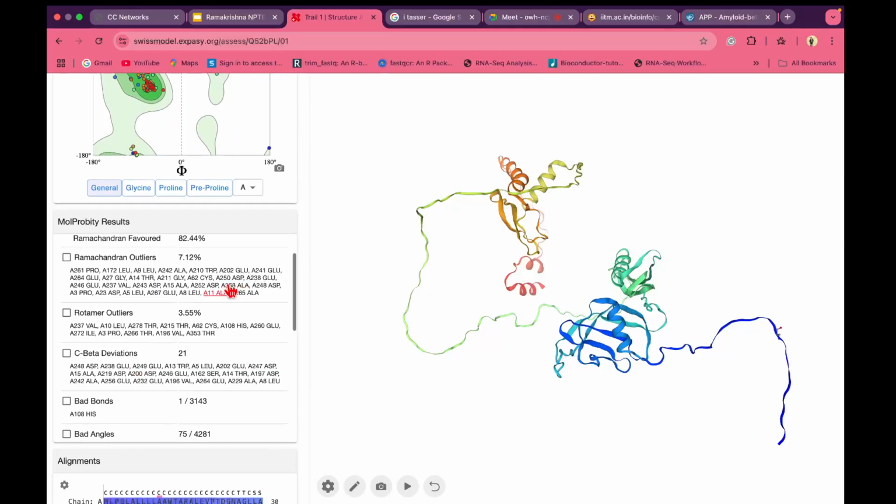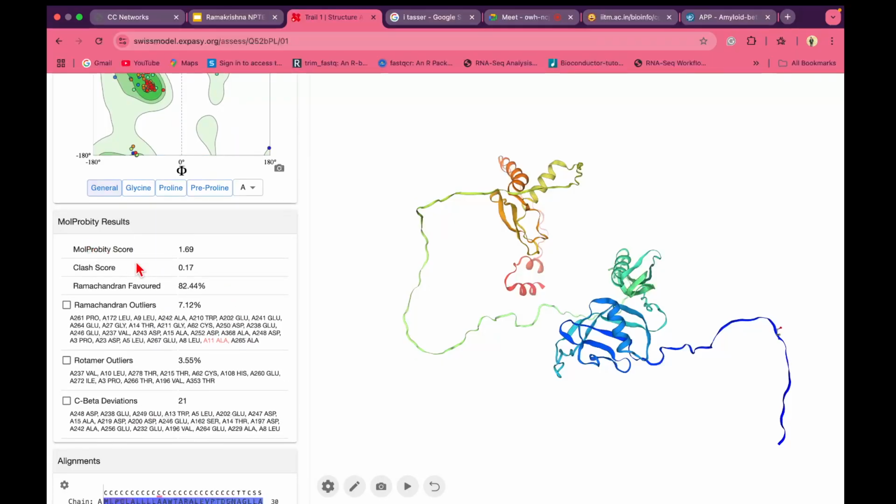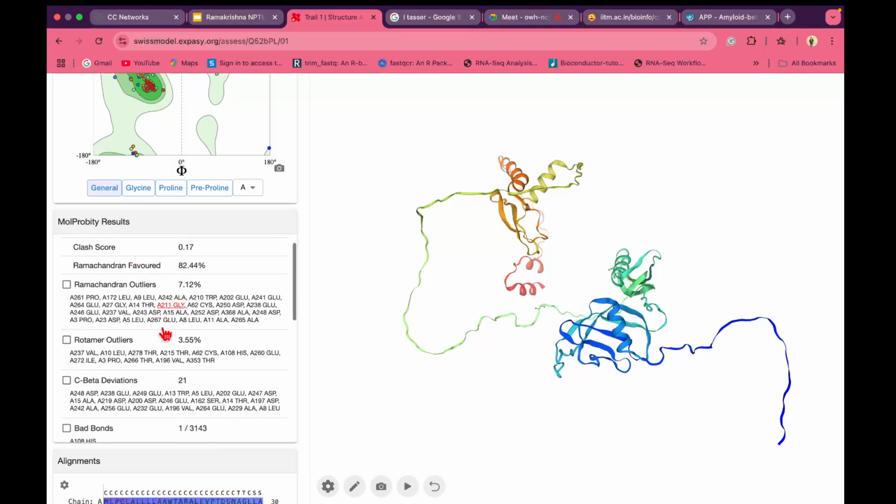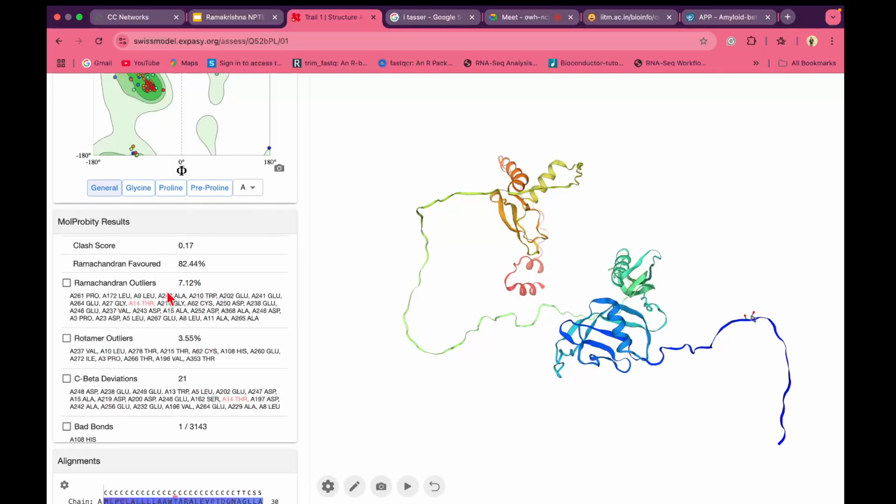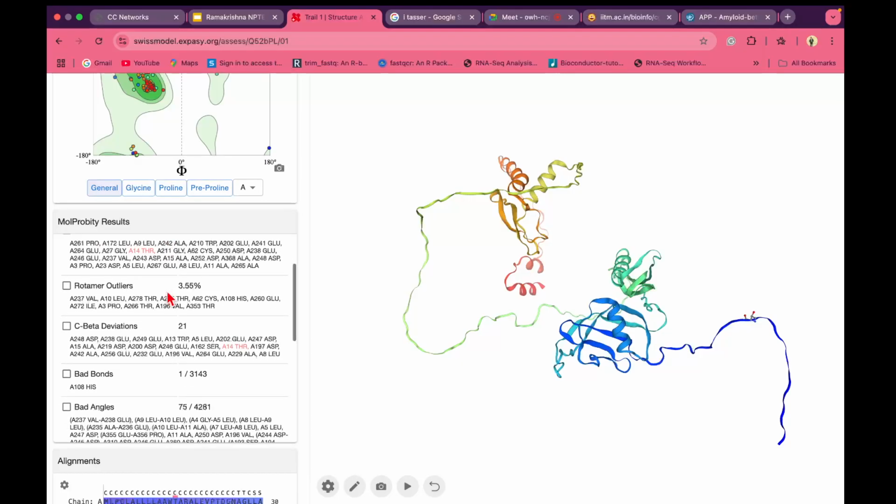Then we have different scores, that is MolProbity score, clash score and Ramachandran favored. Here we see there are some outliers in the structure which don't follow the Ramachandran principle of psi and phi angles. And we have rotamer outliers also.